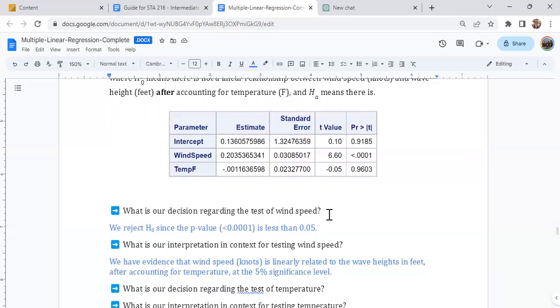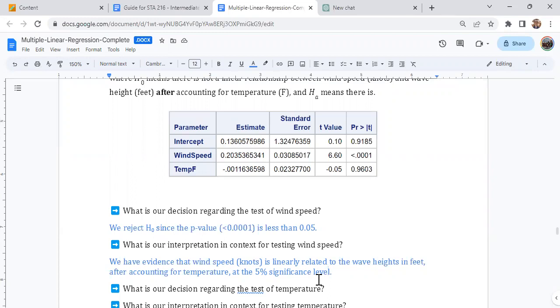So here, what can we say? Is it positive or negative? Positive, right? Because what tells us that is simply that this number in the estimate column is positive for wind speed. How do you word this nicely?